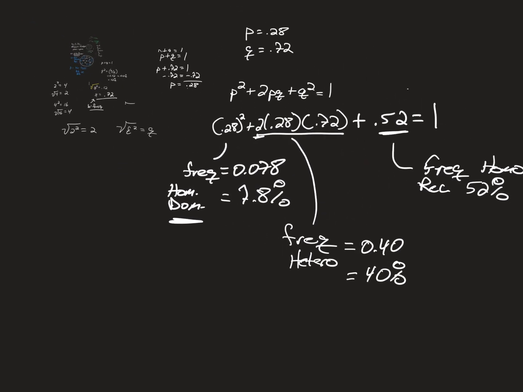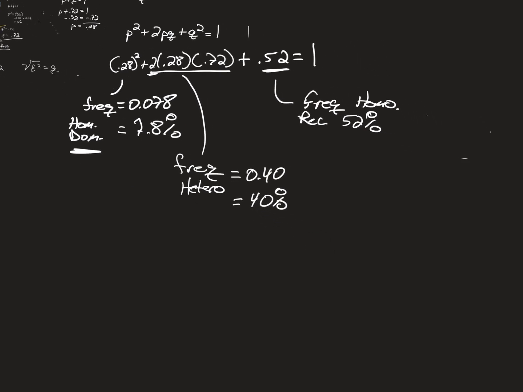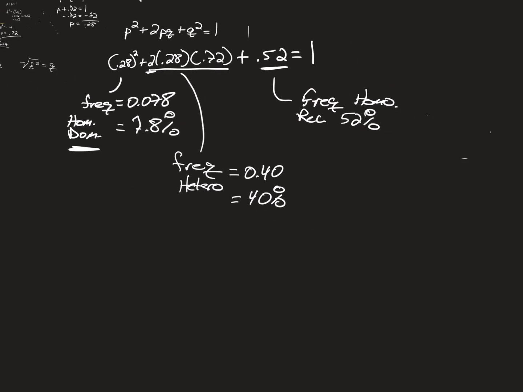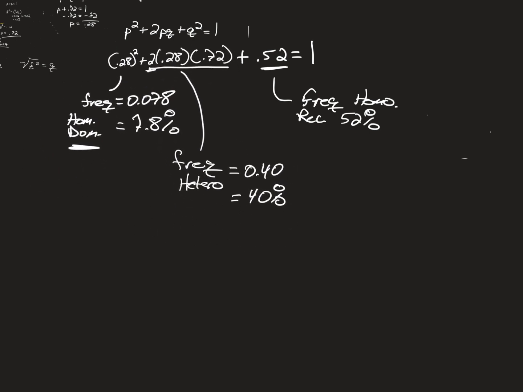So how would we go backwards? How would we test if we're right? How do we know if evolution is occurring or not? These are predicted values. These aren't actual values. This is the only actual value. We counted how many whites. These are predicted. So now we could do genetic analysis.